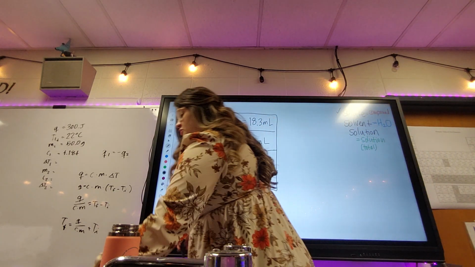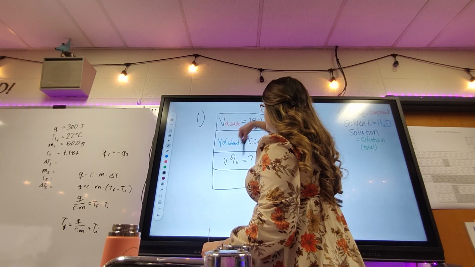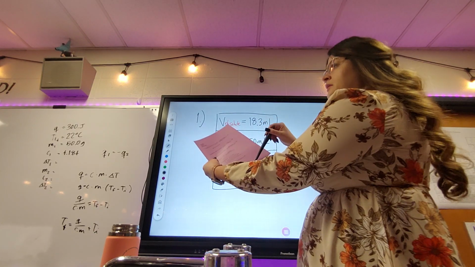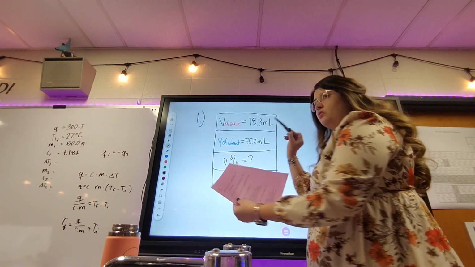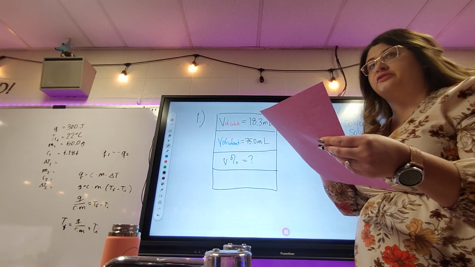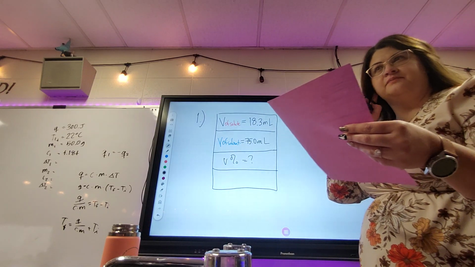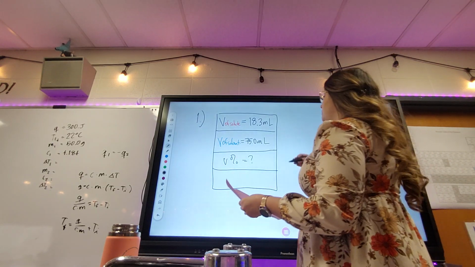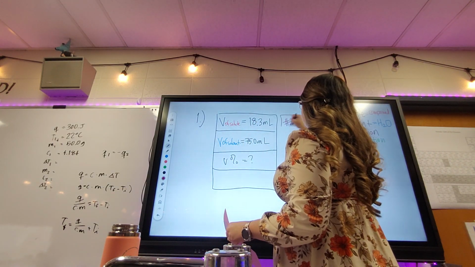So I'm going to use this part of my problem, this data table, to find which of the formulas here have all three of those things. There is only one. There's one that could be possible, and that might be number 3, but it can't be number 3 because we don't have a weight of anything. So in my mind, that means I have to use formula number 2 from the purple sheet.